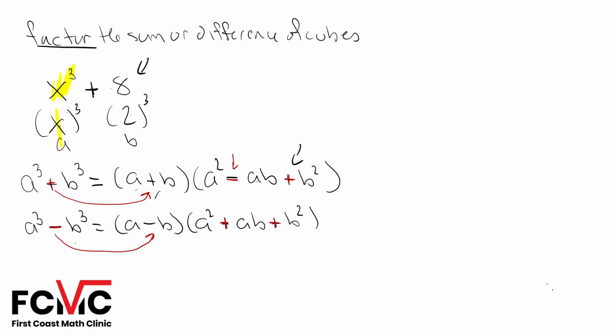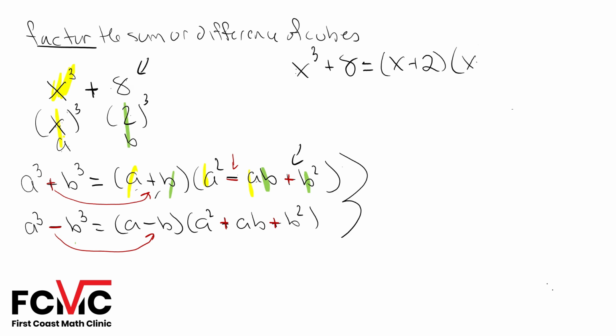So to factor this, we can replace a with x. We can replace b with 2. Let's do this up here. We've got x to the third plus 8 is equal to, we know that our a value is going to be x. So it's going to be x plus our b value, which is 2. And then in the second set of parentheses, we want a squared, so x squared, minus ab, so x times 2, plus b squared, which is 2 squared.